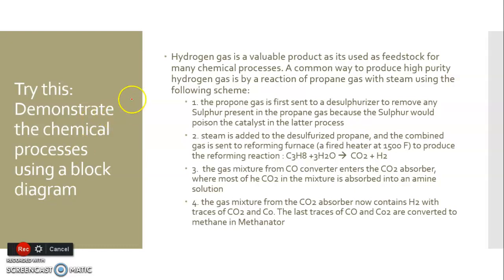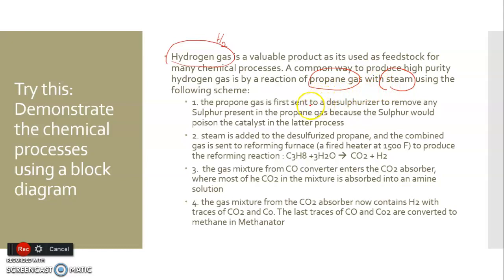So from the question, we can say this is our product, hydrogen, and it's used as feedstock for many chemical processes. That is just the introduction. A common way to produce high purity hydrogen gas is by reaction of propane gas with steam using the following scheme.